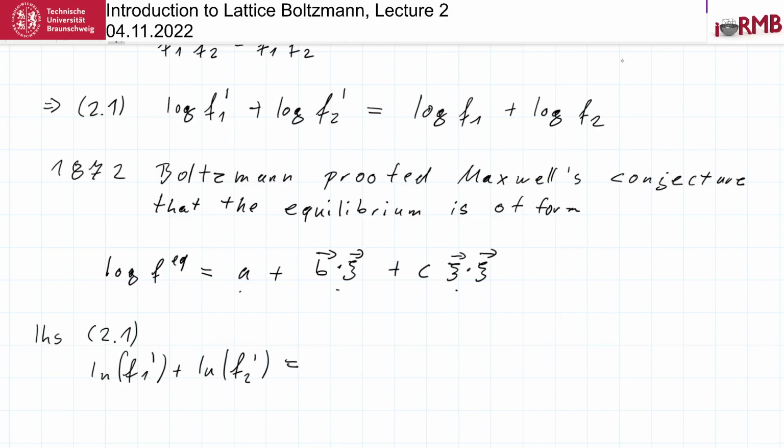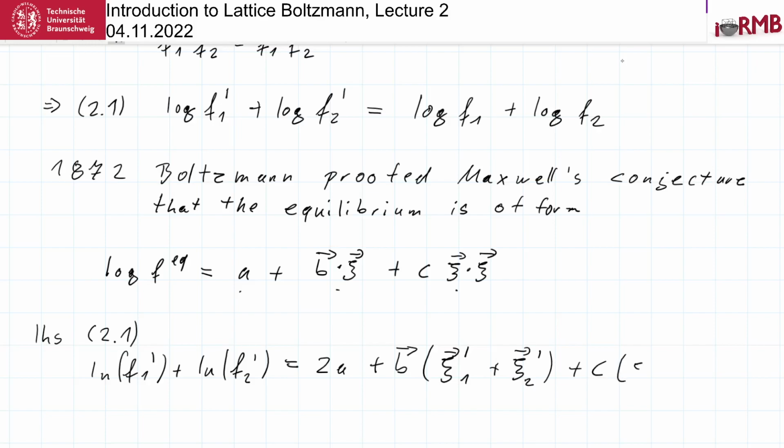So this would now be 2a plus b times the first velocity plus the second velocity after collision plus c.